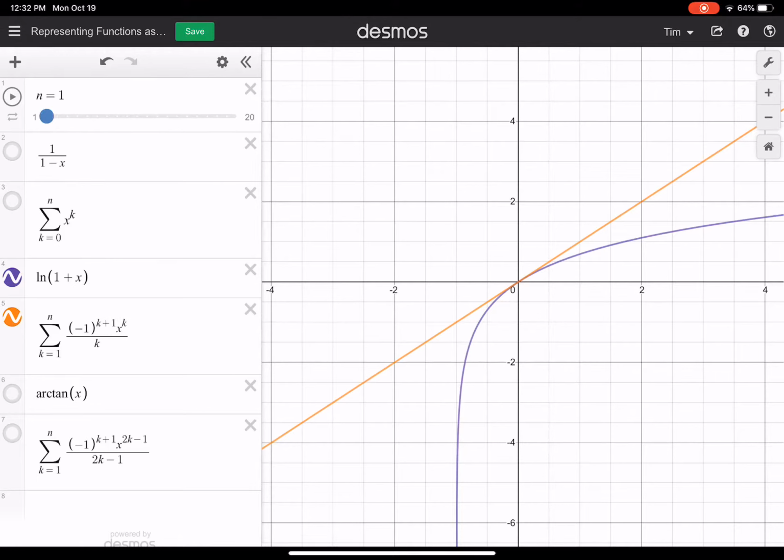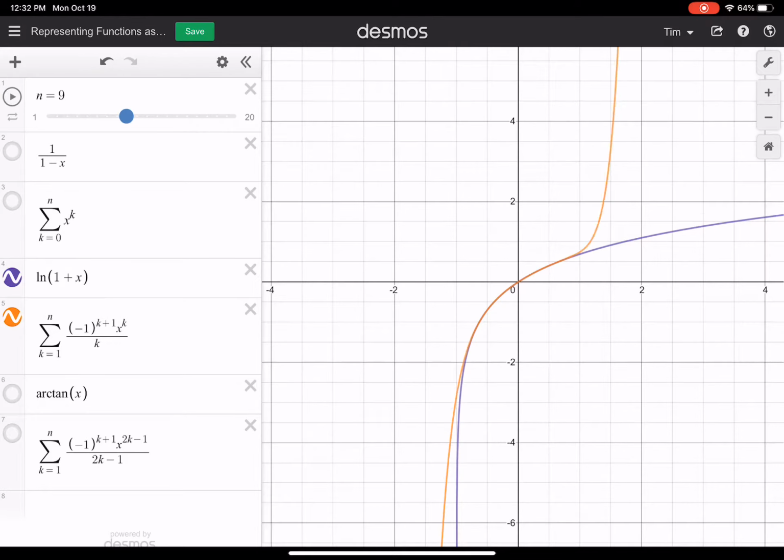If I add the next term, that's going to be x minus x squared over 2. And then adding the next term is plus x cubed over 3 minus x to the 4th over 4 plus x to the 5th over 5 minus x to the 6th over 6 plus x to the 7th over 7.